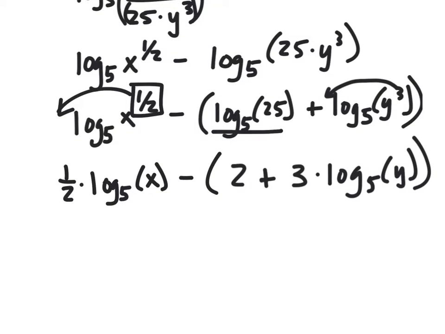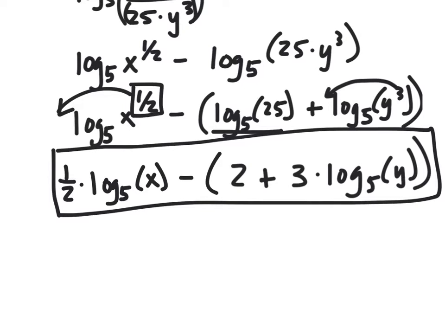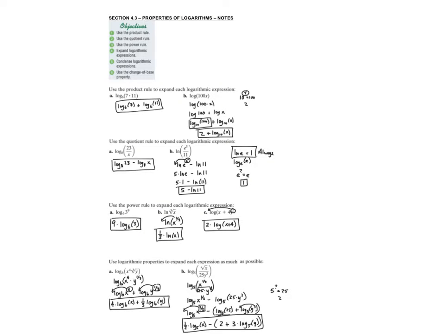You can, theoretically, distribute this negative, but I try not to, merely because I like to keep things grouped as they are. If we needed to distribute that negative, sometimes you do need to do that, but that's not always the case. But if you need to, then let's go ahead and do that. All right, that's all I got for this page.